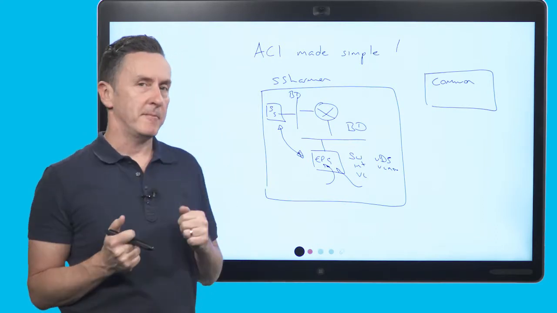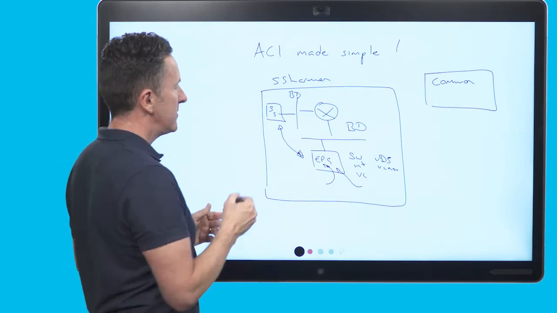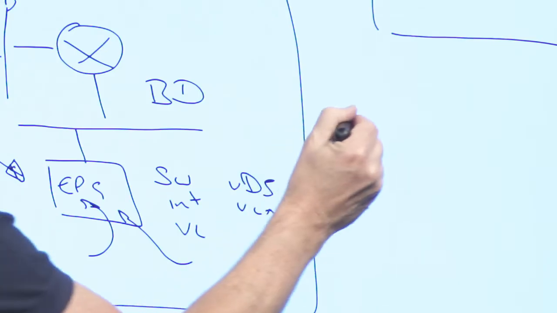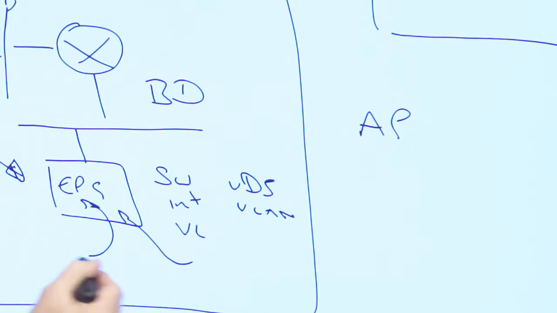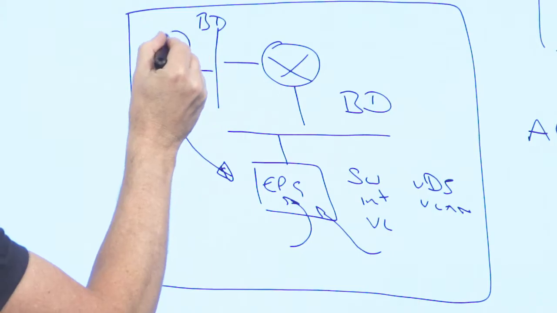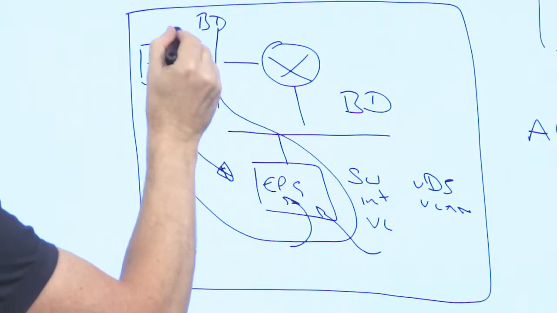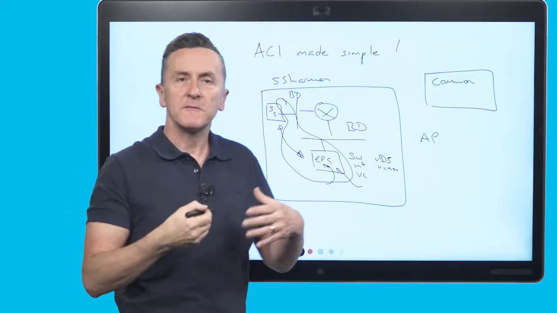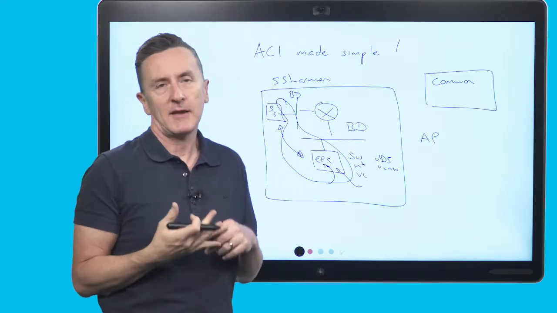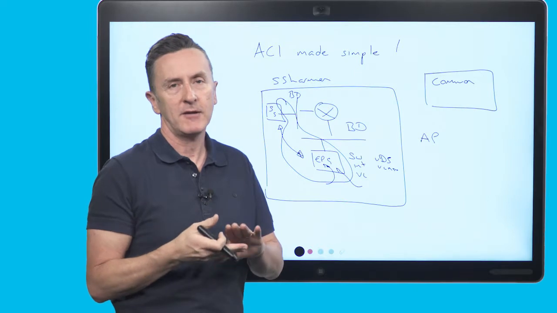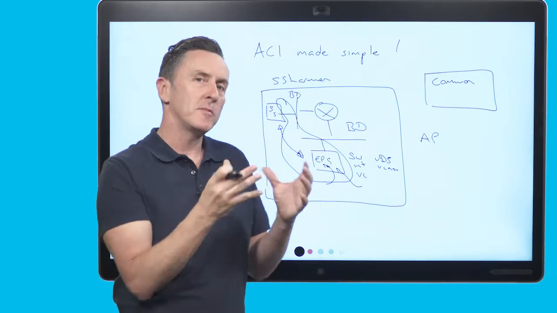And there's one missing piece of the puzzle. And the missing piece of the puzzle is what's known as an application profile. So an application profile is basically a collection of these EPGs. So all of these EPGs form the application. So it could be Steve's app, and I've got a web tier, an app tier, and a database tier. But these form the application.